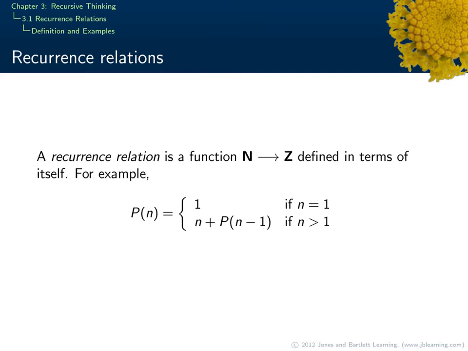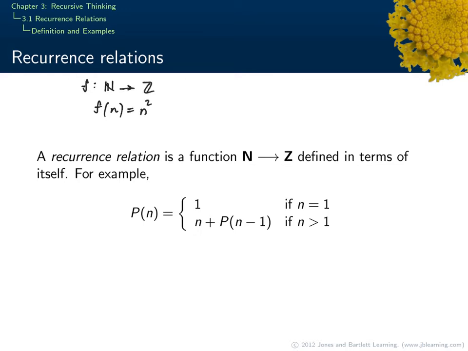So in most of your prior experience with functions, you've been given a rule in the definition of the function that allows you to compute an output immediately for any given input. For example, let's suppose we have a function from the natural numbers to, say, the integers, where f of n is going to be n squared.